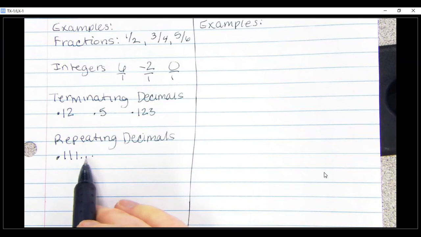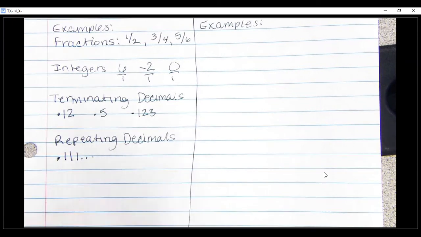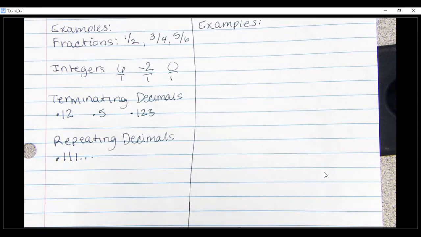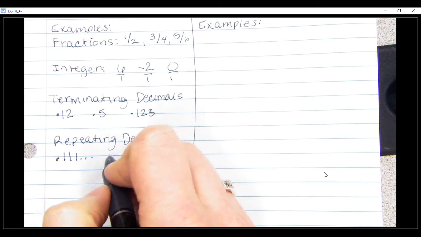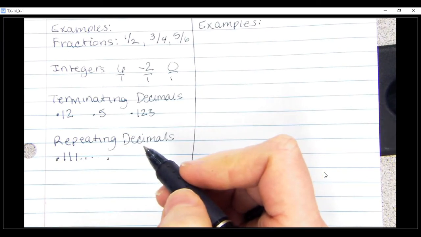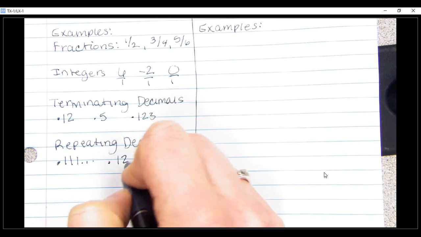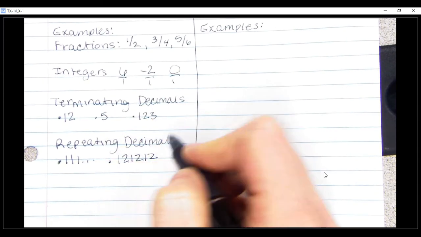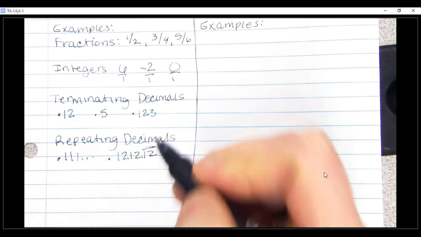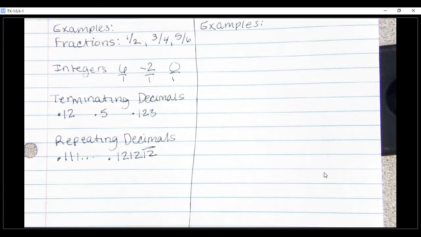If there are three dots at the end, that means that it's going to continue on forever. So we see a couple of 1s there. 1 repeated forever is going to be a rational number. And in another video, we will talk about how we can convert these into fractions. Another example is 1, 2, 1, 2 repeated. Another way to show that something is repeating is putting a line above the numbers that are repeating.